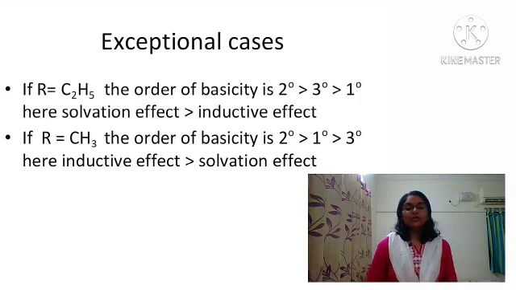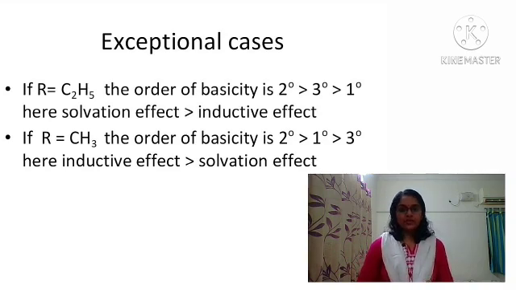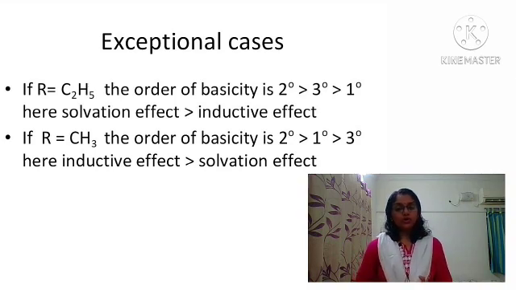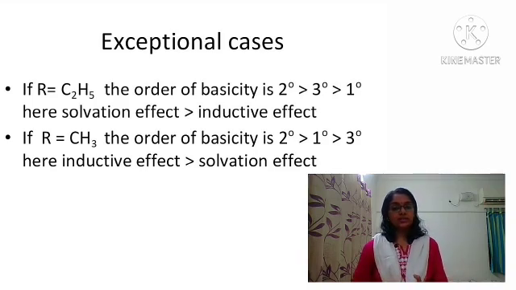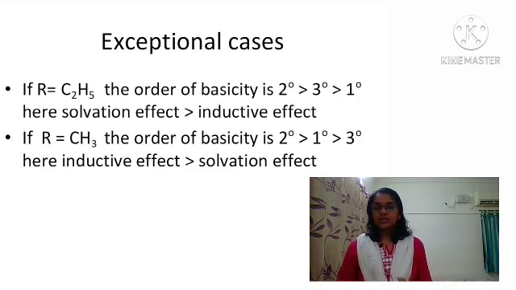Experimentally, when we calculate the basicity of amines, we find some exceptions when the alkyl group is methyl and when the alkyl group is ethyl. When the alkyl group is methyl, we find the order of basicity as secondary methylamine being the most basic, then the primary, then the tertiary methylamine. Why? Because here the inductive effect plays a more important role than the solvation effect.